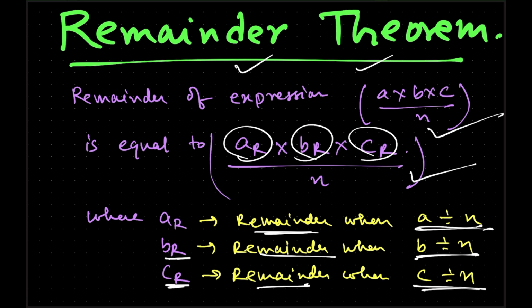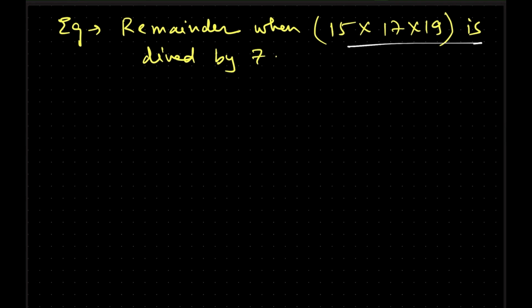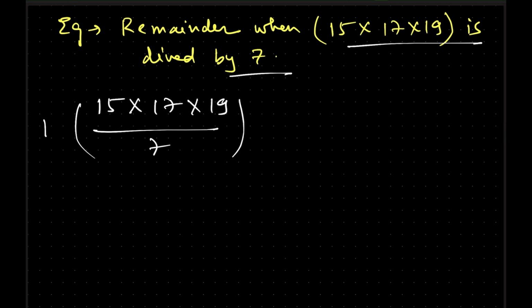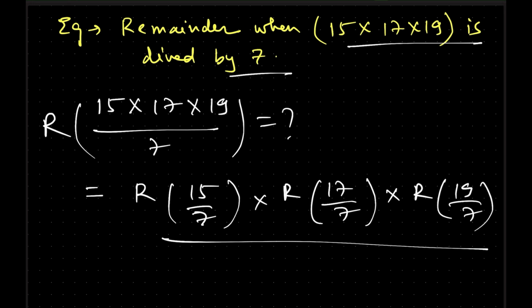For better understanding, let's see an example. Suppose 15 into 17 into 19 is divided by 7, and we have to find the remainder of this. Its remainder will be equal to the remainder when R of 15 by 7 into R of 17 by 7 into R of 19 by 7 is divided by 7.